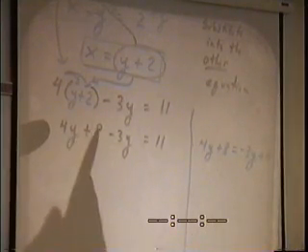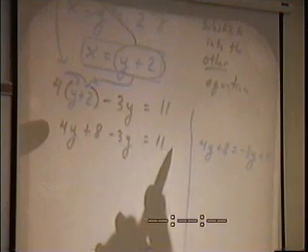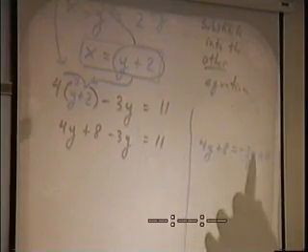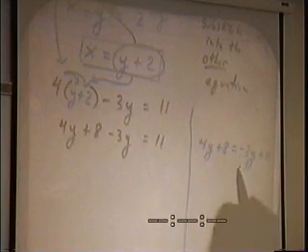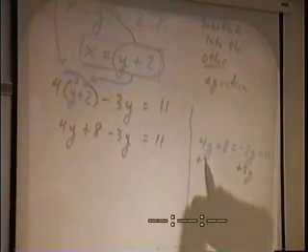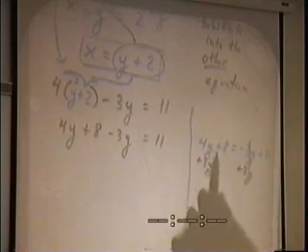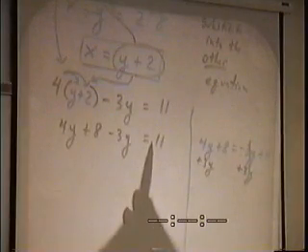This says 4y plus 8 minus 3y on one side is equal to 11. This says that I have variables on both sides. In this problem, I would add 3y to both sides, because that would give me a 0 over here, and I would have 7y plus 8. That is not the case in this one.